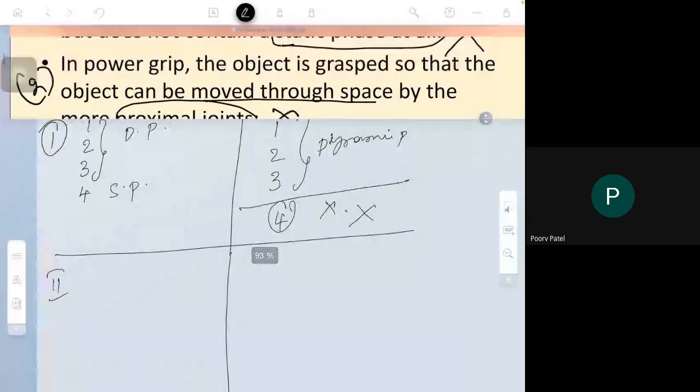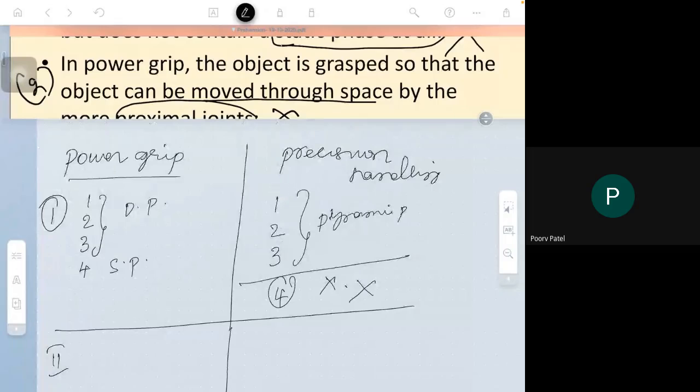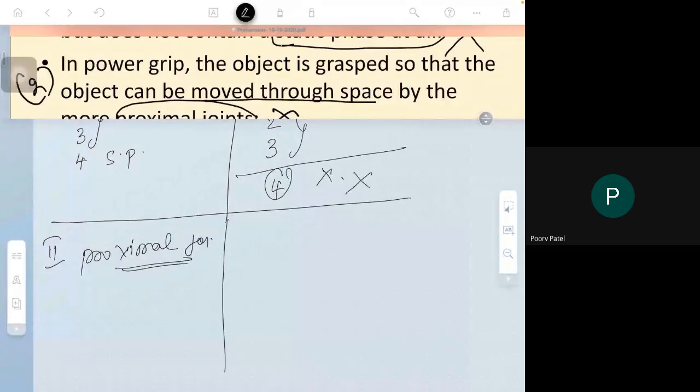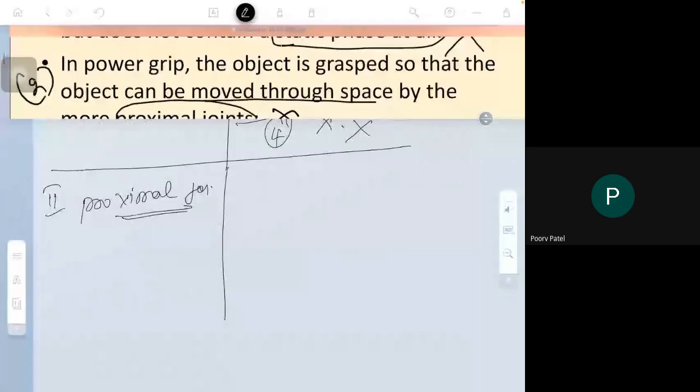Clear? So after grasping the object, in power grip, you are using the proximal joint to move the object. But here, in precision handling, you are moving the thumb and fingers.